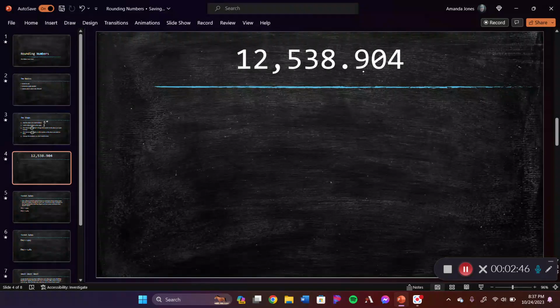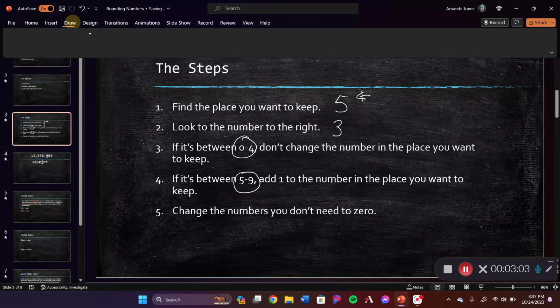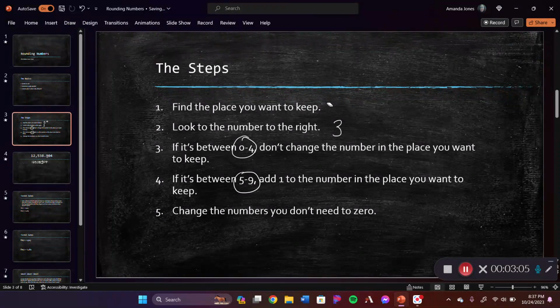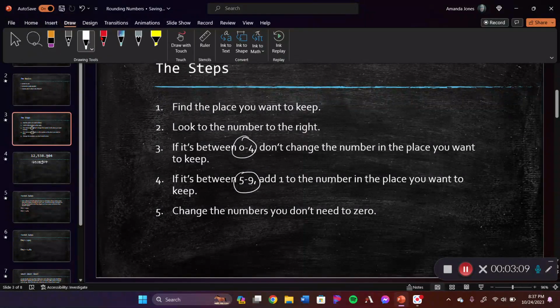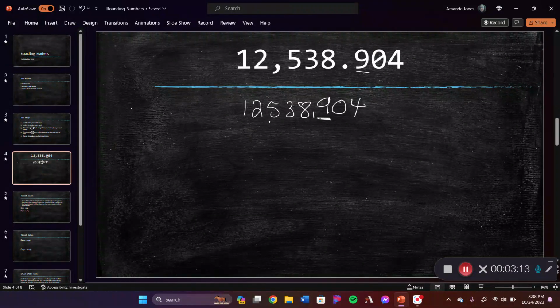Let's keep the 9. Okay, so you guys should always be writing your math problems out on a piece of paper and starting the whole problem fresh. So step 1 said that we need to find the number that we want to keep. So we wanted to keep the 9, right?